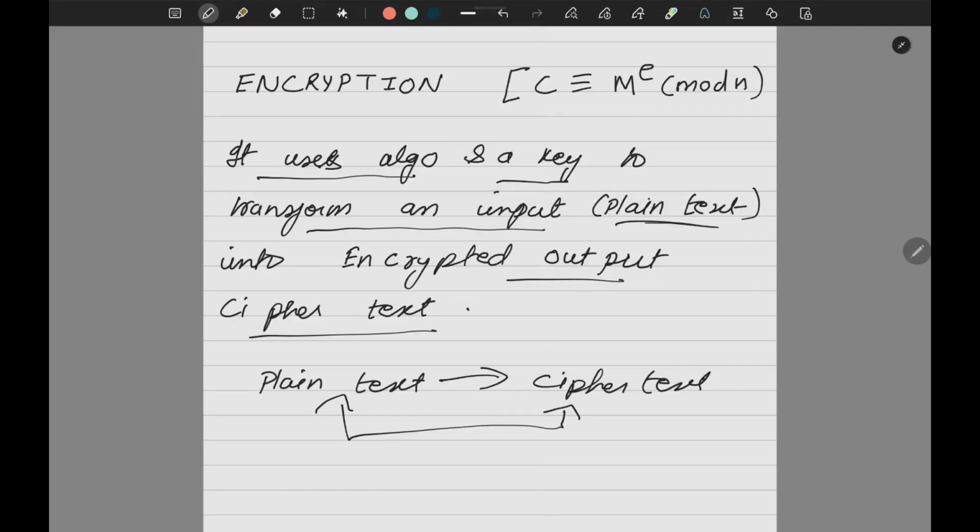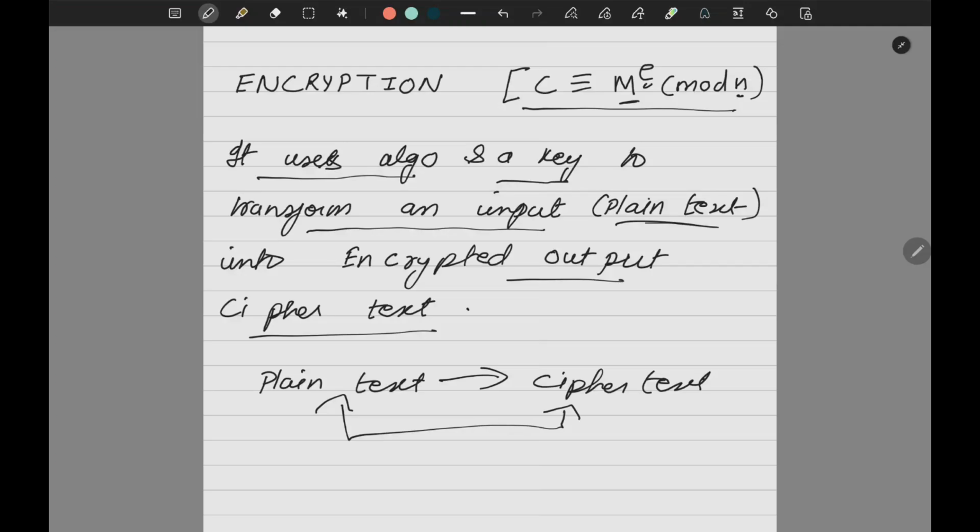The formula I will be using for encryption is C congruent to m to the power e mod n. Once you get your private key and public key, you will have the values of e and n. I will use those, and m will be given in the question, and they will ask you to encrypt m.